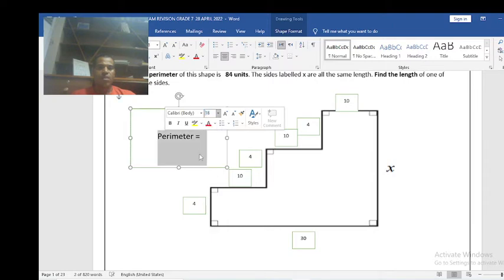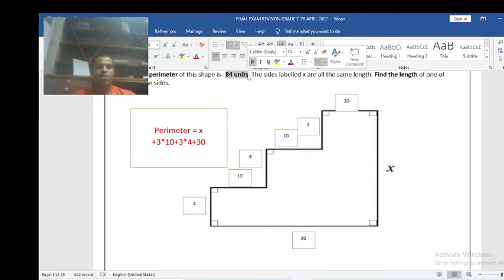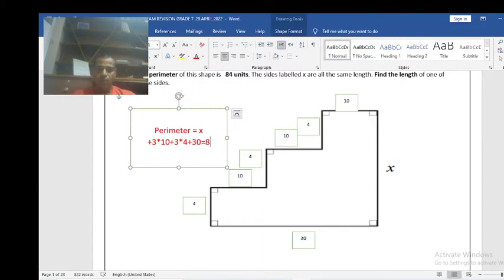I will start with this X. I will write X plus, then I move to this one, 10 how many times? 1, 2, 3, plus 3 times 10, then plus how many 4s here? 4 plus 4 plus 4 is 3 times 4, plus 3 times 4, plus the last one, which is 30, plus 30 should be equal to what? To 84. This one is the perimeter, so it should be equal to 84 units.